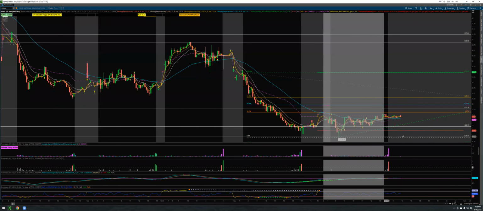So if it reaches 27.57, room again to 28.31, and I will take a short here. But I think that it needs to hold this uptrend here. If it holds this uptrend, you have room to 28.31, and then here to take it short. Okay, so that's PEN.